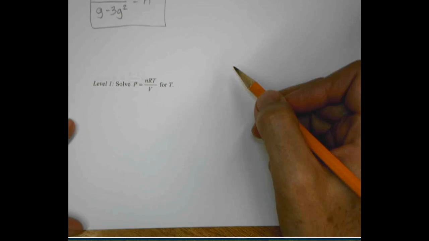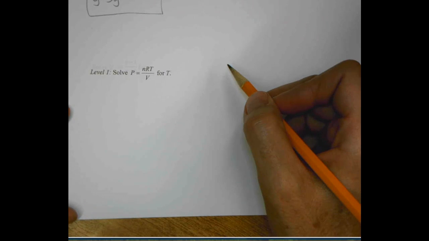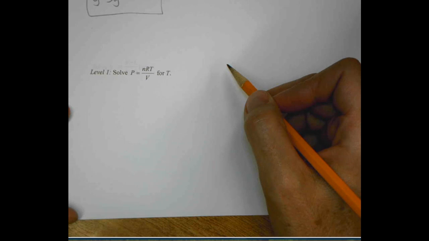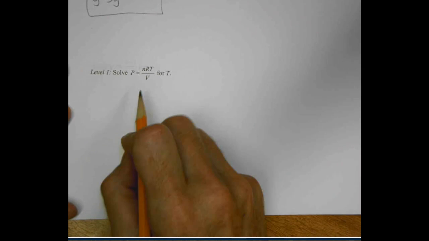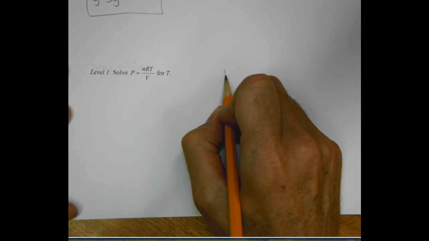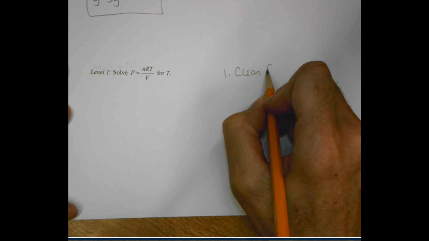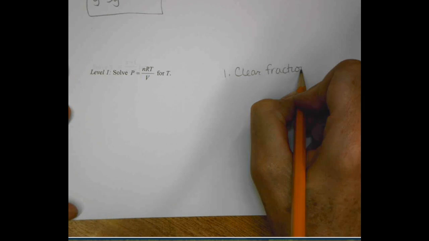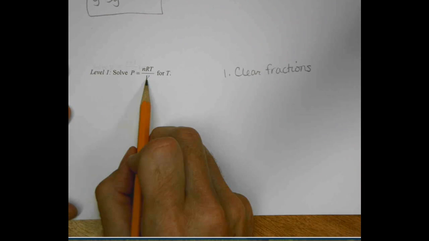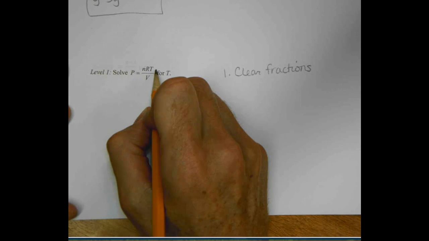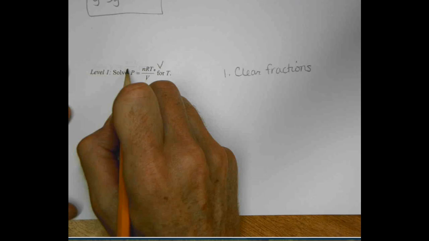And here's one for you to try. To solve this one, I'll use my same first step as before, clear fractions. And I'm going to do that even if I was solving for the v. I would still want to multiply both sides by the v to get rid of that fraction.